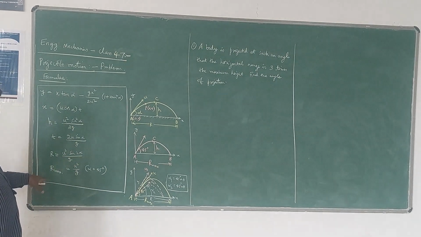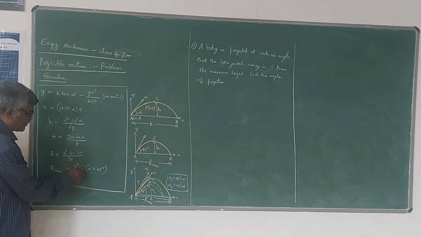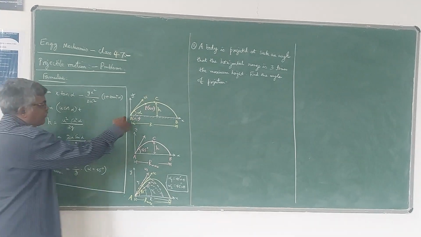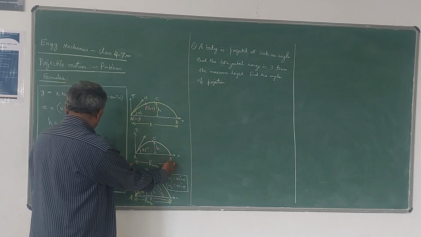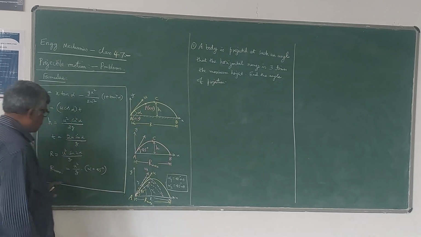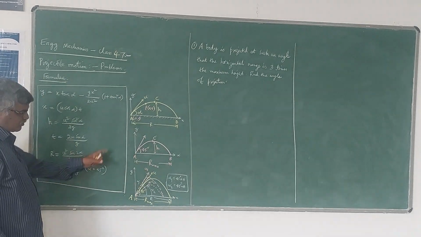The maximum range always occurs when alpha, the angle of projection, is 45 degrees, and u square by g is the expression for the maximum range.